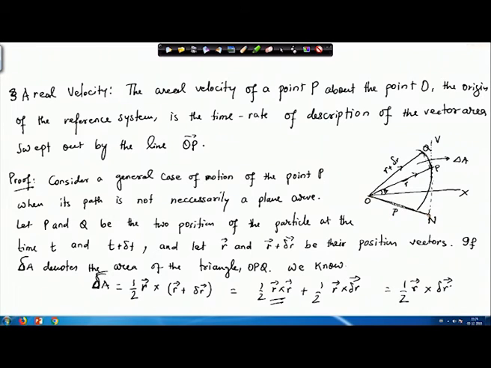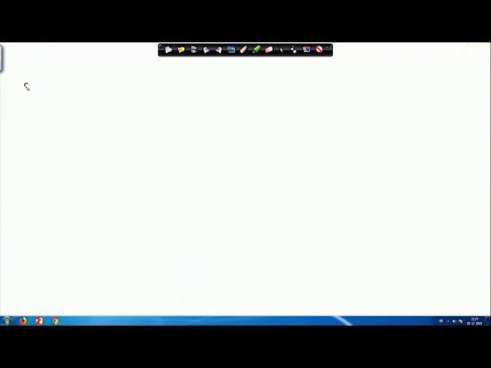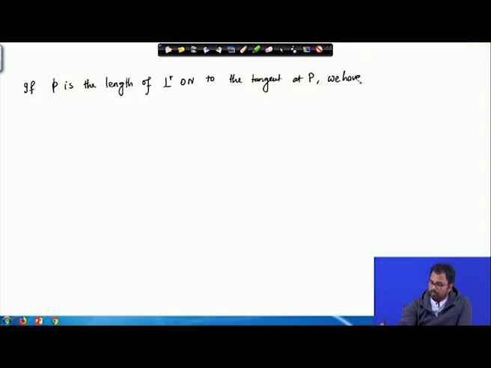So, if p is the length of the perpendicular O n to the tangent at P, then in that case, since r cross v is perpendicular to the plane of r and v, I am able to write r cross v is parallel to that normal, and that is basically p times small v times n cap.